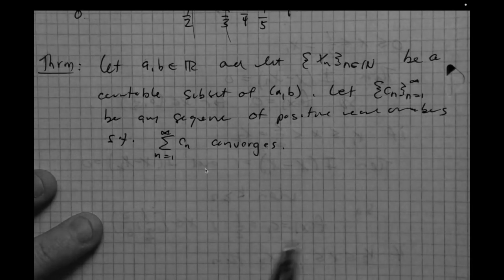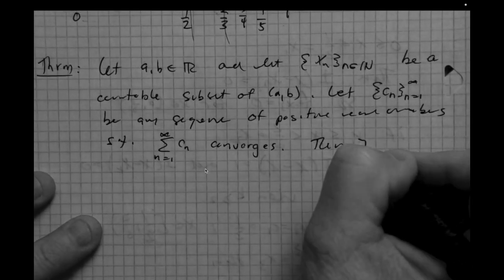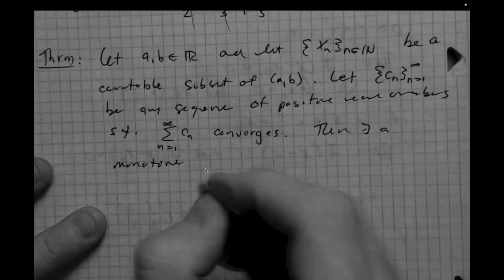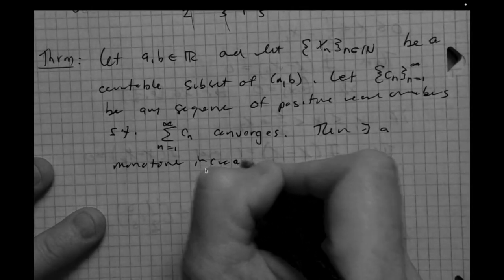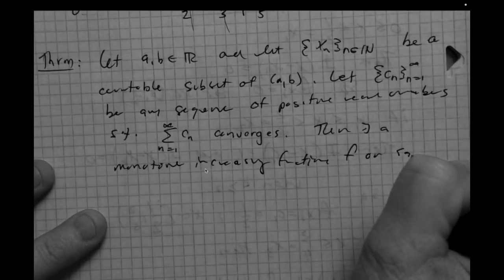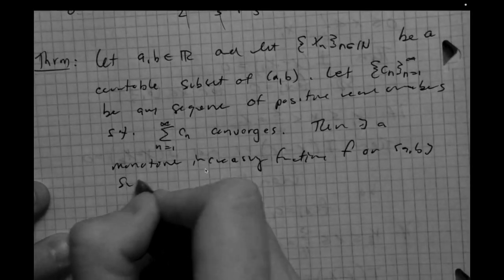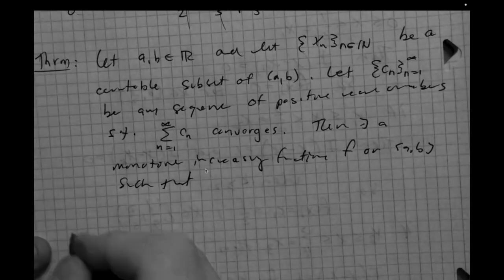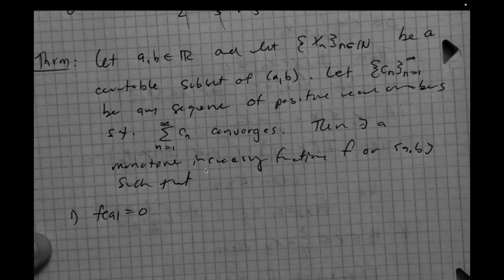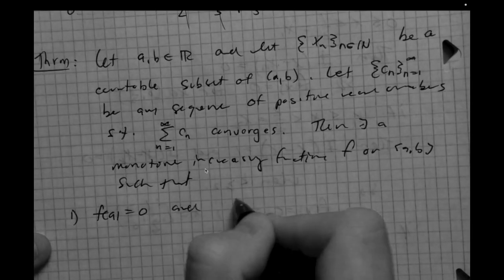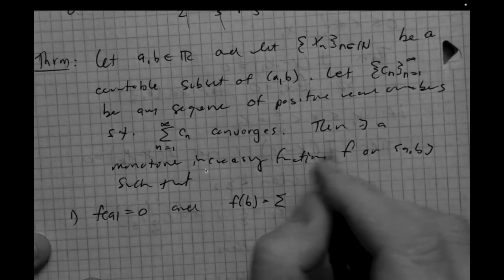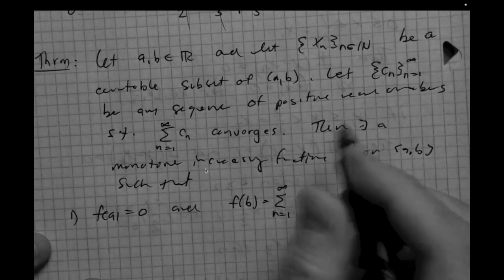And so what the theorem says is that then there exists a monotone increasing function f on [a, b] such that, we have a couple of properties here, such that f of a is 0, and the value of f of b is equal to the sum from n equals 1 to infinity of Cn, right?